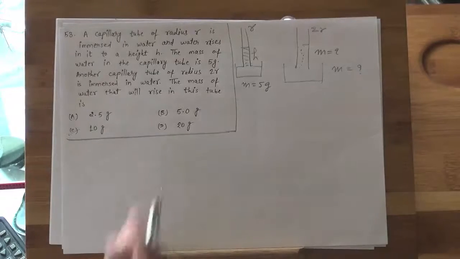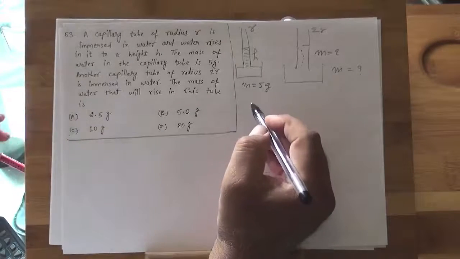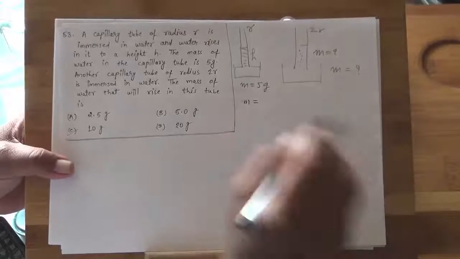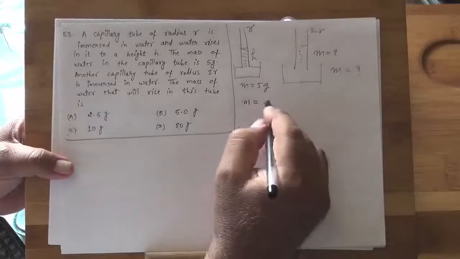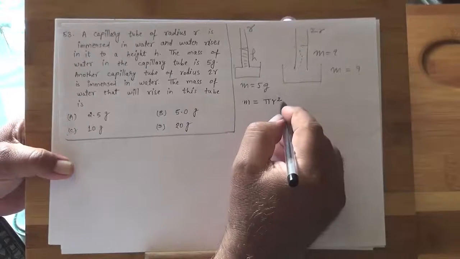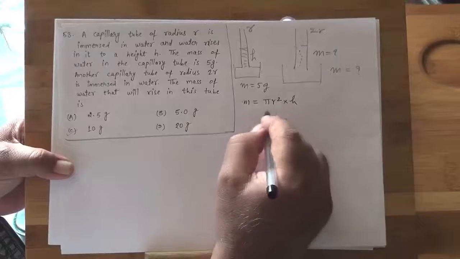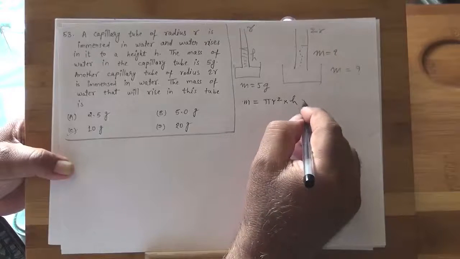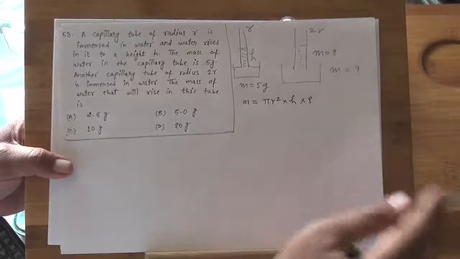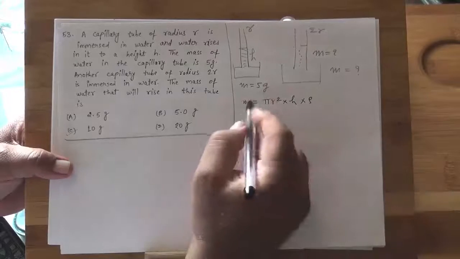आंसर है यस। Mass is equal to volume into density, and volume is how much? Volume is pi r square into h. This is volume multiplied by rho. This is mass in both the cases.